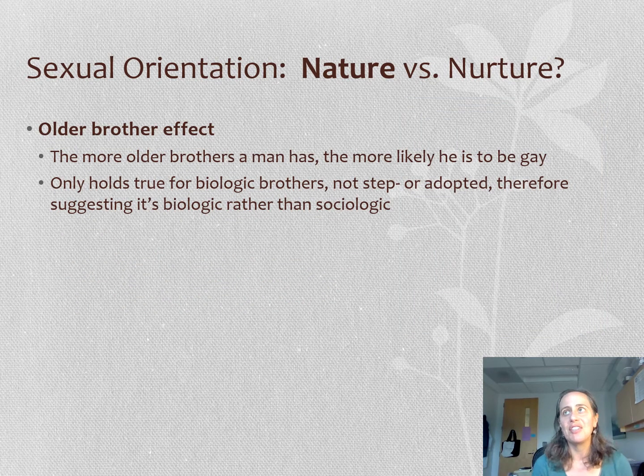There's also, this is a fun one, the older brother effect. The more older brothers you have, if you're a guy, the more likely you will be gay. And this holds true only if they're biologic brothers. If they're stepbrothers or adopted brothers, it doesn't hold true. So it's not just the fact that you're the youngest of a bunch of guys. People have hypothesized, we know that the mother starts to make some antibodies against her own children, especially with more and more subsequent pregnancies.